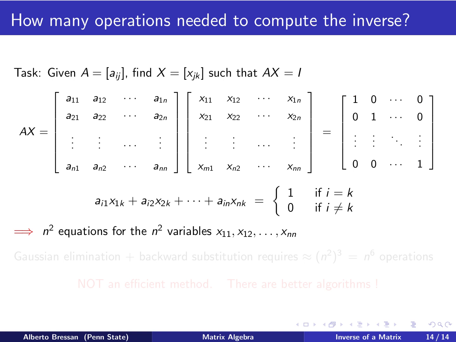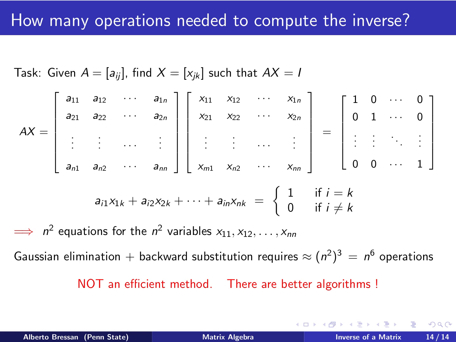So we see that if the matrix A is size n by n, then I'll have n squared elements in the identity. I will have n squared equations for n squared variables, all these x's. So we will have a huge system of linear equations, of size n squared.